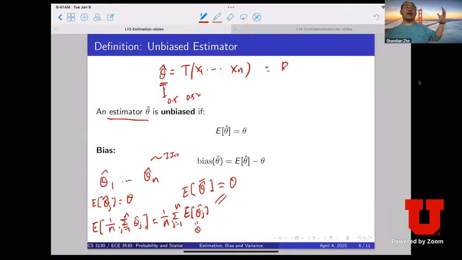It basically means that if you have a set of IID random variables, their average will approximately converge to a Gaussian distribution, right? That's the central limit theorem. You don't need to memorize the form.